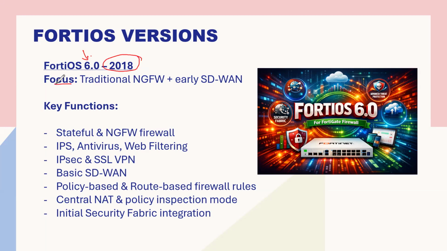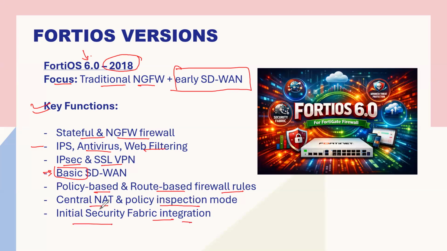So the focus point was the traditional next generation firewall. In this, early SD-WAN technologies were also added. So what are the key functions? A stateful next generation firewall provides you IPS feature, antivirus, web filtering, IPsec and SSL VPN, basic SD-WAN, policy-based and route-based firewall rules, central NAT and policy inspections, and initial security fabric integrations.